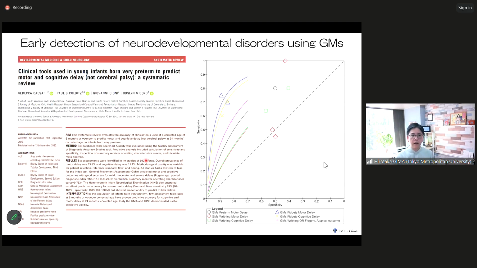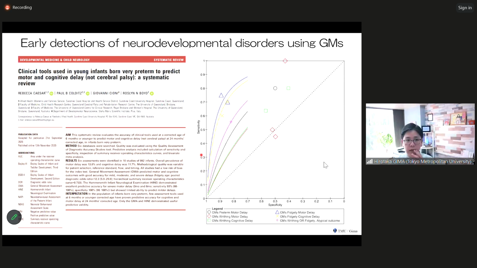So far, I have been talking about GM assessment and early diagnosis of cerebral palsy. But I will also be talking about other developmental problems. In this systematic review, the relationship between GM assessment and developmental delay other than cerebral palsy is reported.